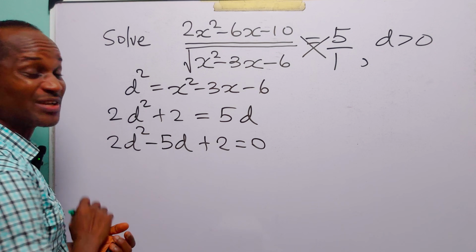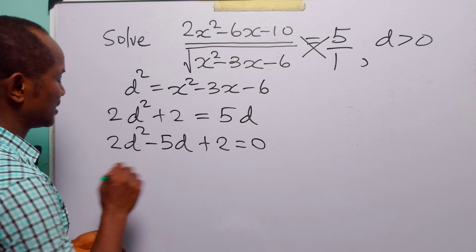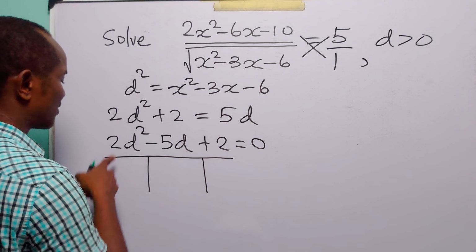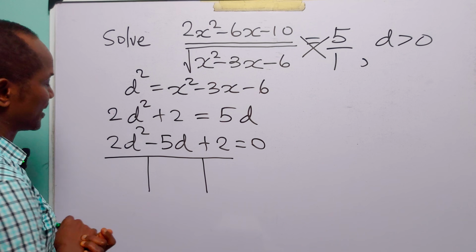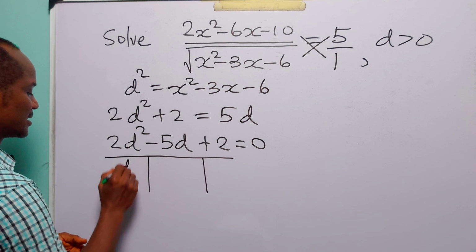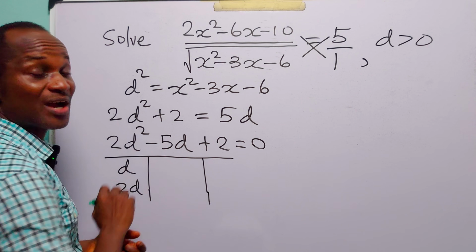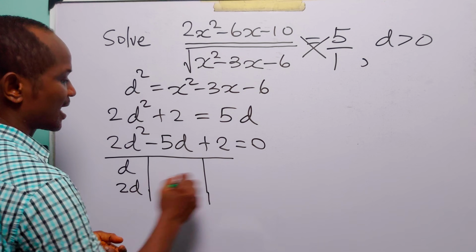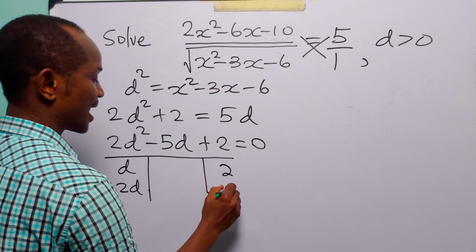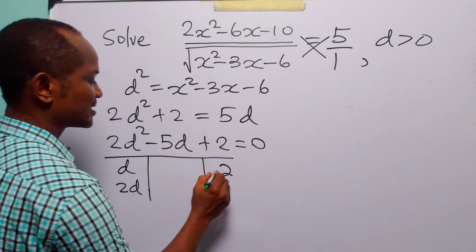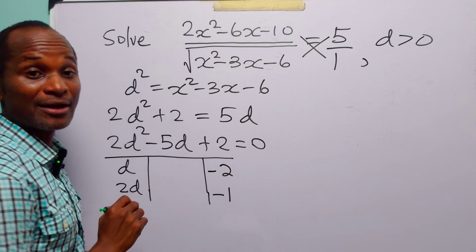We can solve this quadratic equation by factorization. Since the coefficient of d squared is not 1, let us use the table method. What are the factors of 2d squared? We have d and 2d. What are the factors of 2? We have 2 and 1. Now, since the middle term is negative, let this be minus 2 and let this be minus 1.